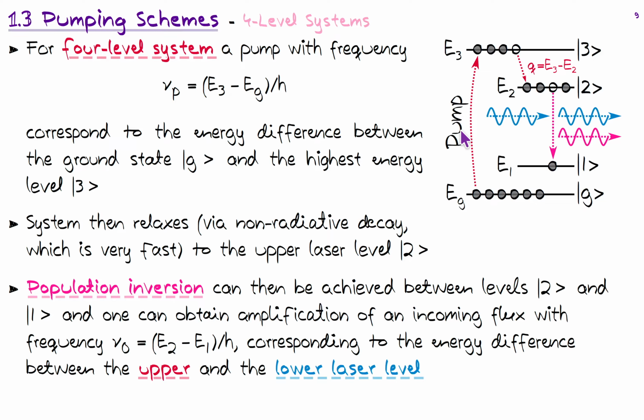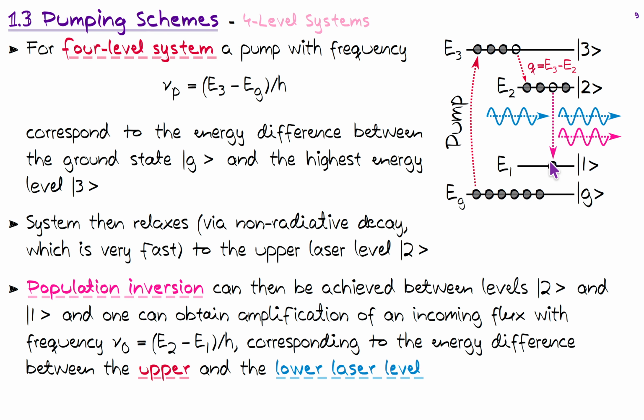So what happens here is that we are pumping, raising electrons into here. Again, non-radiative decay happens. We have electrons at the state 2, and then we may have lasing action between the state 2 and state 1, and then ultimately these electrons will be relaxing from the state 1 into the ground state.